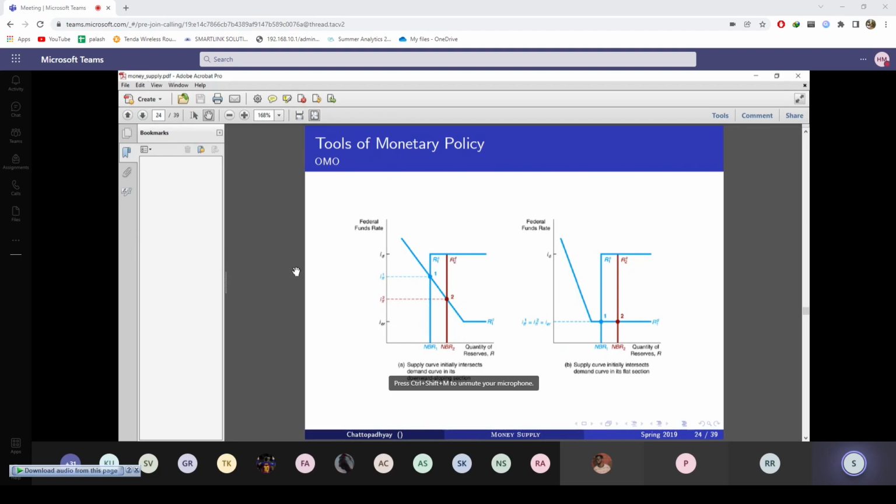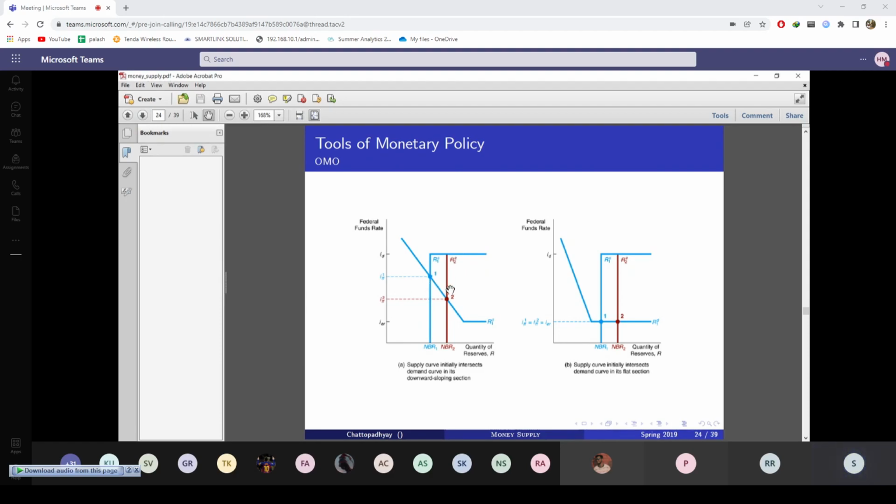What happens graphically in panel A is that the reserve supply curve shifts rightward. Initially it was this blue reserve supply curve, RS1. Now it is the red reserve supply curve, RS2. The horizontal portion does not change at all because the market clearing interest rate is still below ID. So there is no change in the horizontal portion.